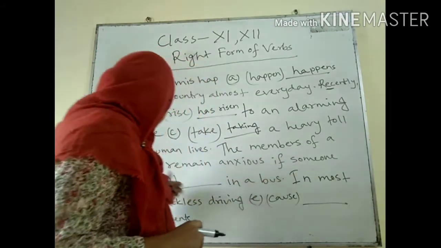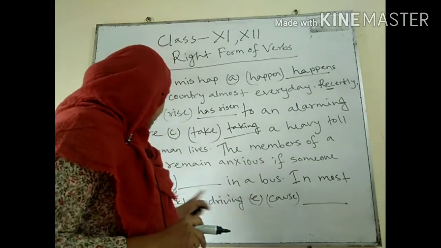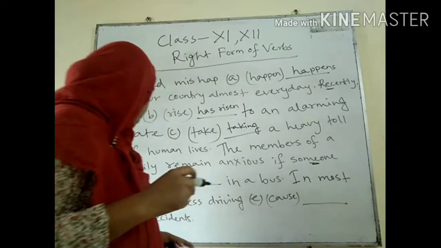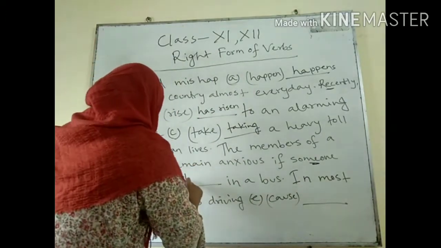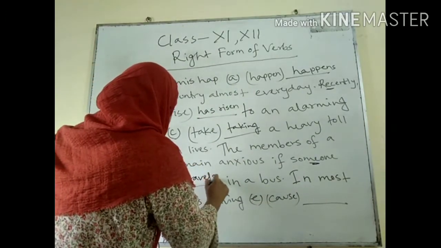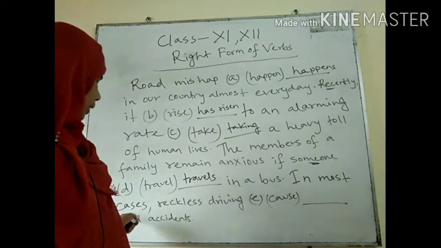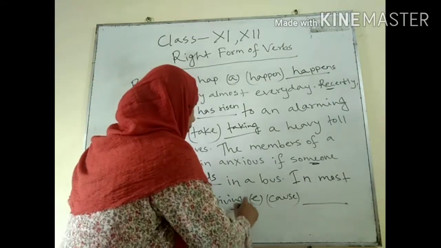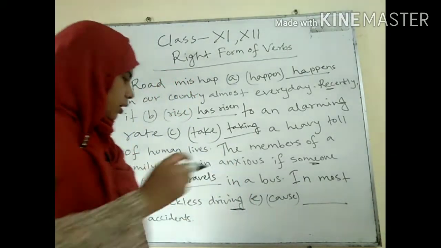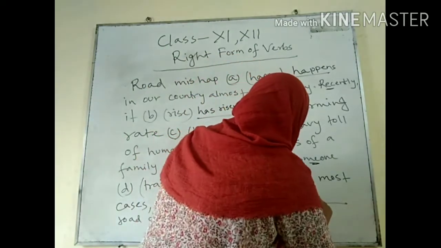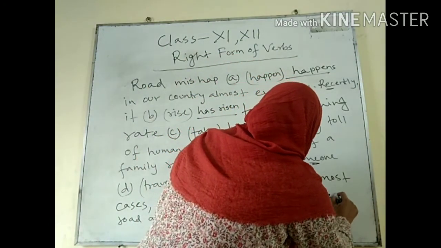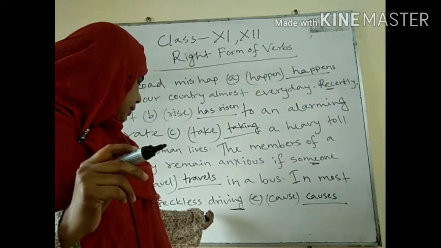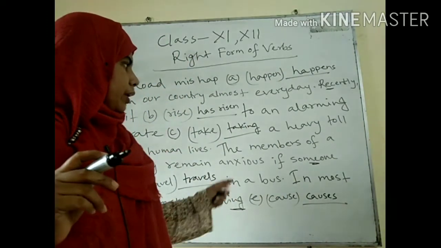Then the members of a family remain anxious if someone, okay, the subject is someone, third person singular, then we have to add s with the verb: travels in a bus. In most cases, reckless driving, the subject is driving. Okay, this is also third person singular, so we have to add s with the verb because the tense is present indefinite tense.